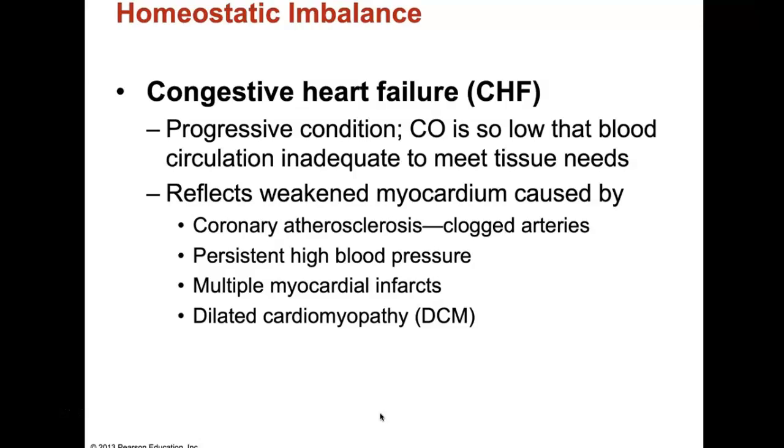It impairs blood and oxygen delivery to the cardiac cells, and as a result, the heart becomes hypoxic and begins to contract inefficiently. Other causes for CHF include persistent high blood pressure, also multiple myocardial infarctions, which a lot of you know as heart attacks, and dilated cardiomyopathy, which is known as DCM.